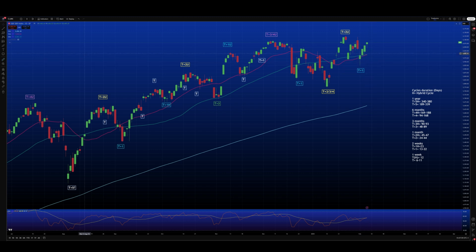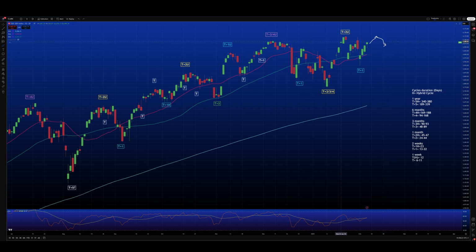Okay, so here we have another day, or eventually 2 days, until Monday to push to the upside, and then we have to expect a retracement. Okay, we might have also, as said for Nasdaq, time to close a T+2 here and start a retracement.